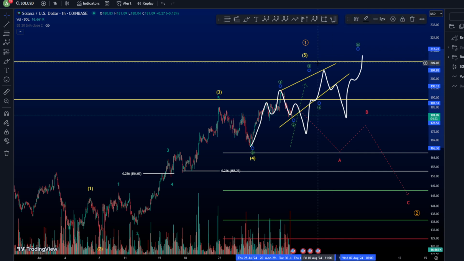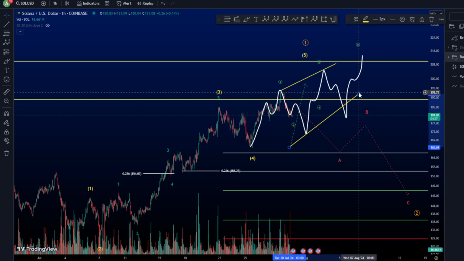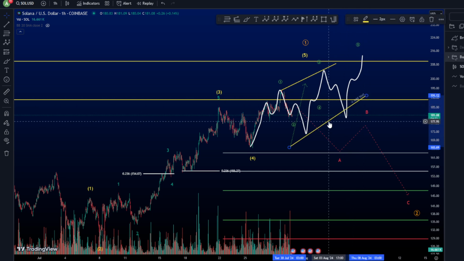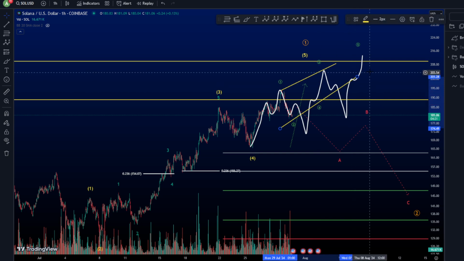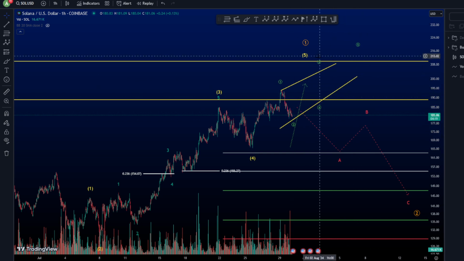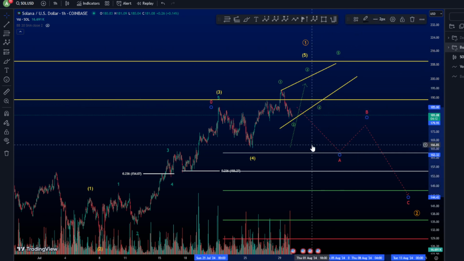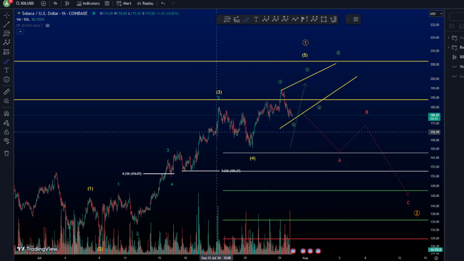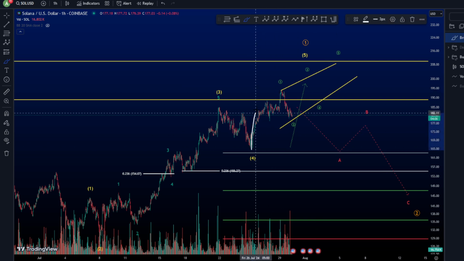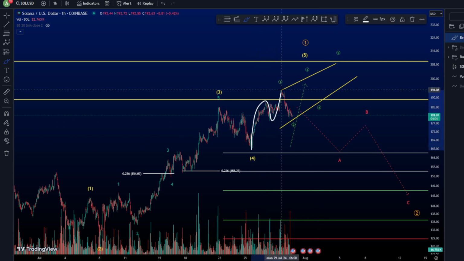However, I'm not so convinced, to be honest, and I'm seeing some weaknesses. If this is wave 5, it should be 5 waves as well, but currently I see just 1, 2, and 3.